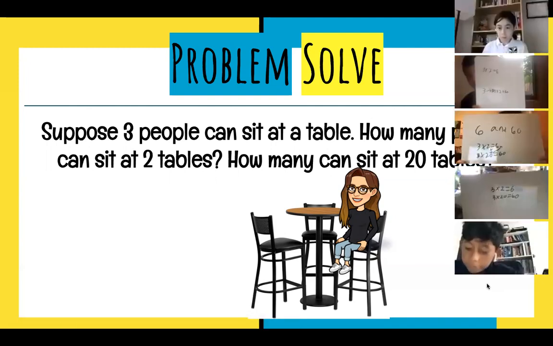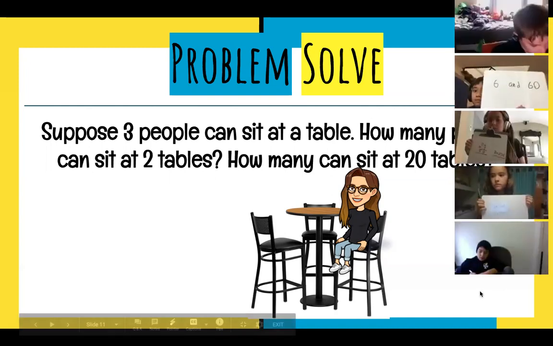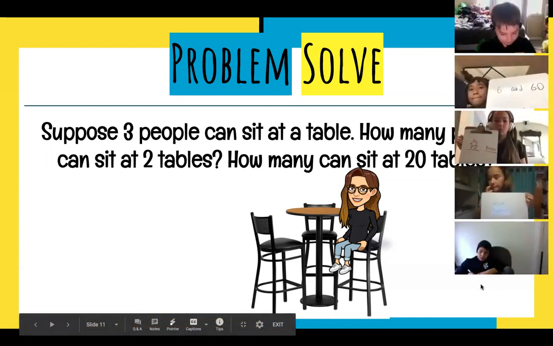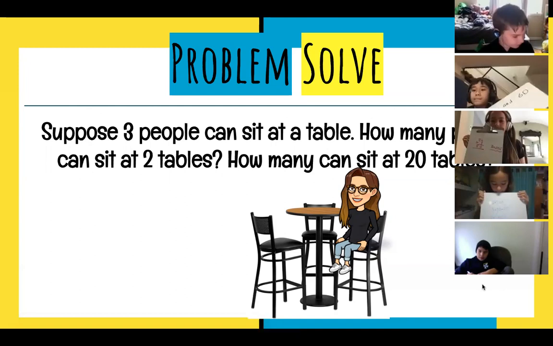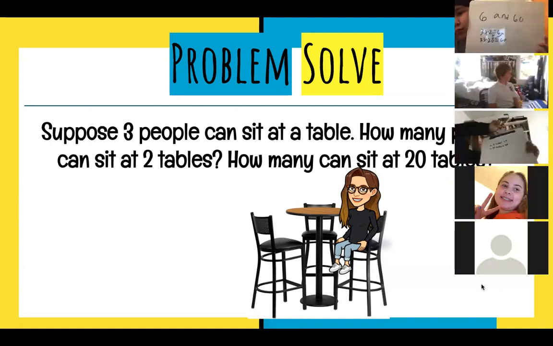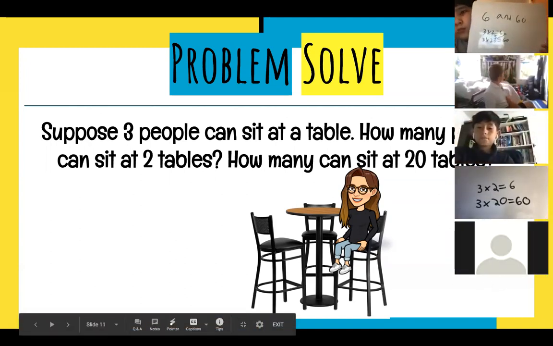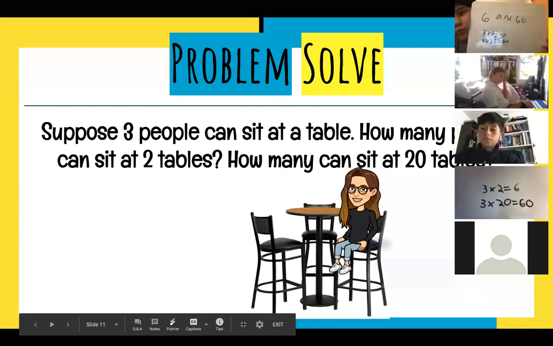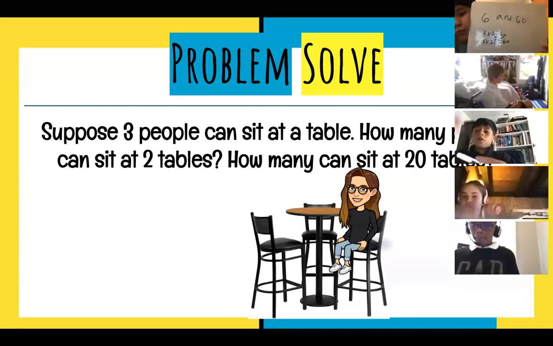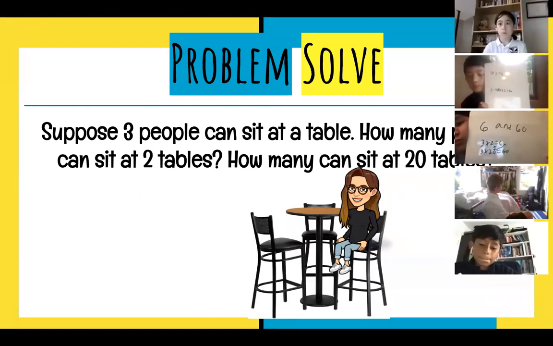Aiden's got it. Good. Soren, Mateo, Julian's got it. Lucy's got it. Clarissa has it. Matthias. Okay, Maisie's got it. Donovan, we're missing you, buddy. There you go. Maisie had it. Okay, good. So a lot of you got it right away.